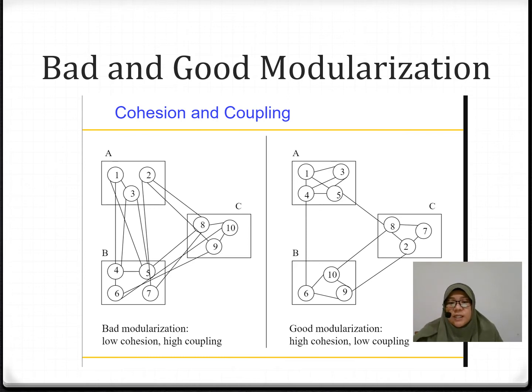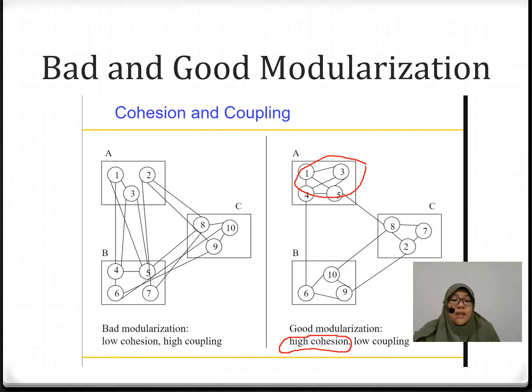So as you can see, this is a high cohesion here, right? You can see nodes 1, 3, 4, 5, or maybe you can call them modules or functions. 1, 3, 4, 5, they interact a lot with each other. They call each other often, right?